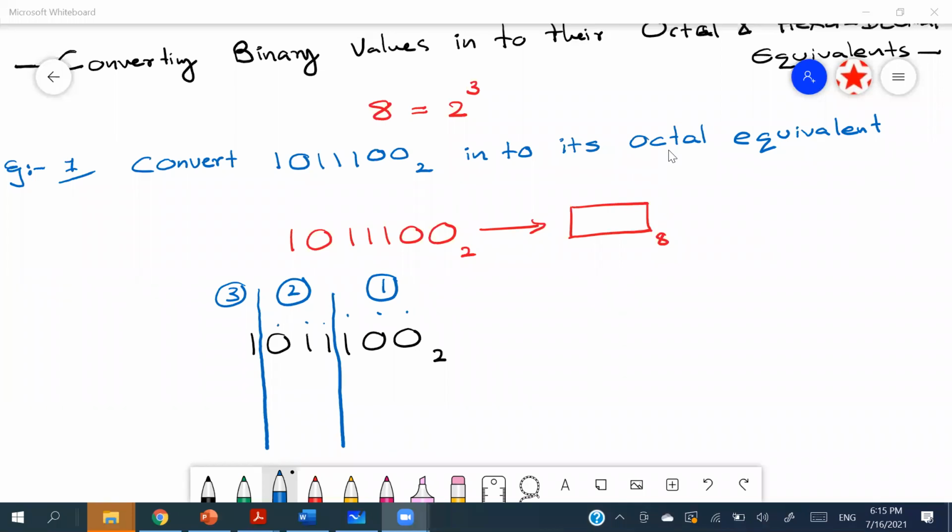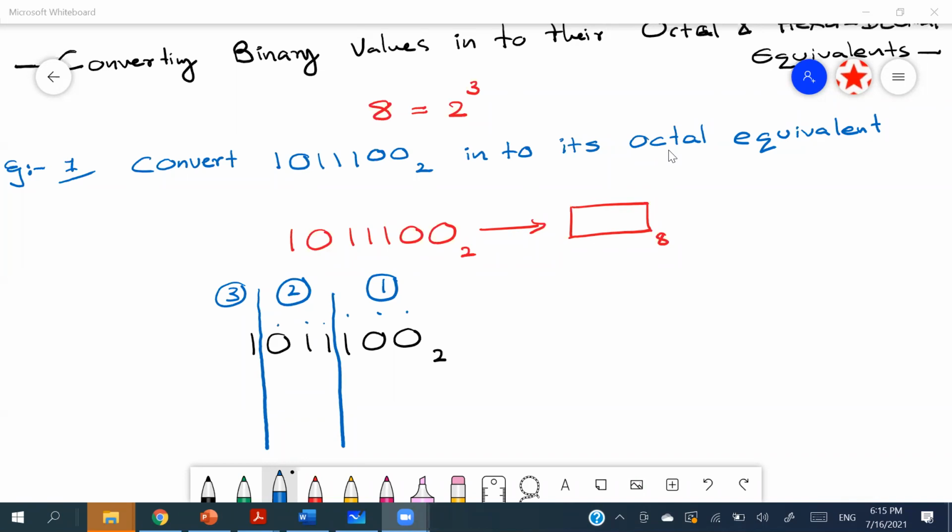What are we going to do? We take one particular group, think of it as a binary value, then convert that binary value into its decimal equivalent.